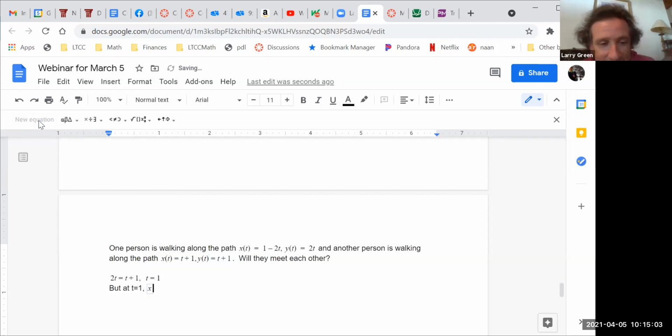Well, the first x of t is equal to 1 minus 2 times 1, which is negative 1. And x of t for the second one, the other person, is at 1 plus 1, which is 2. Do they meet each other? Do they get to say hi?